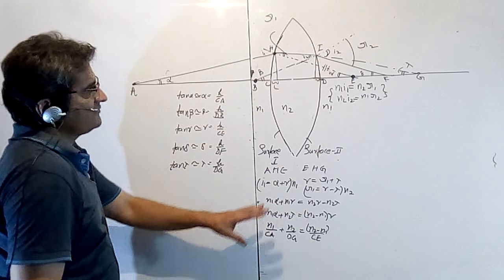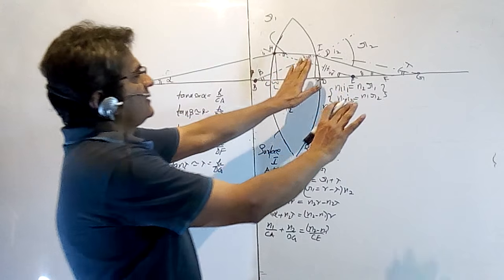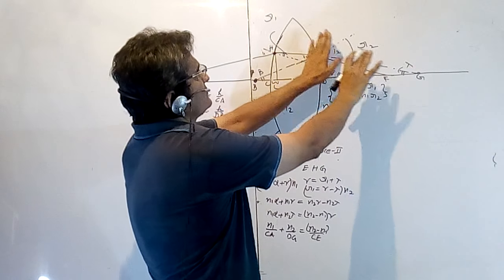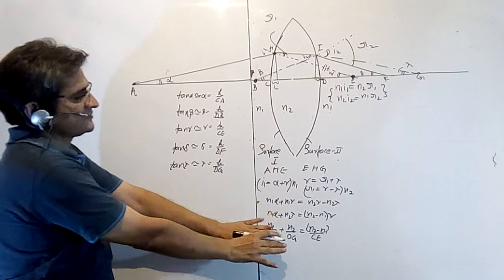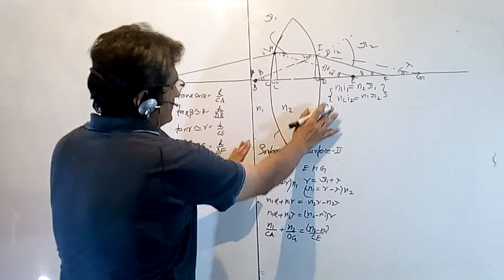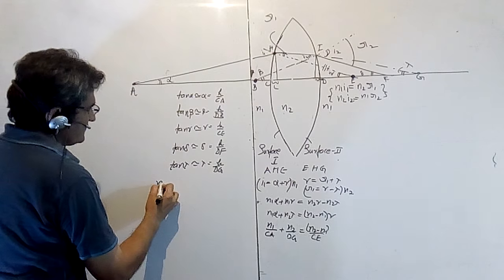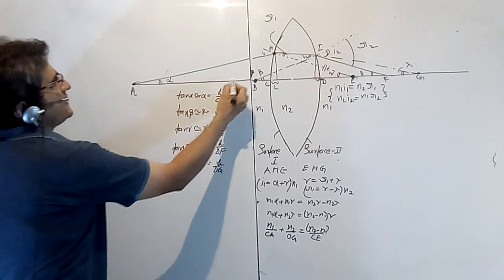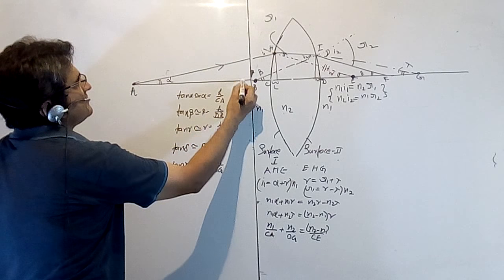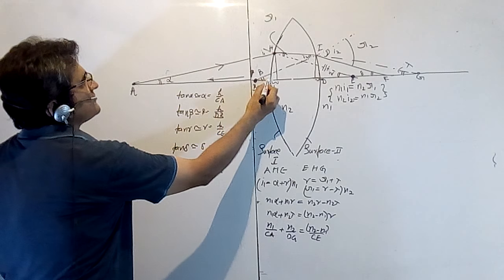Now suppose I want to stop here and I want the lens maker formula only for the first surface. Though I'm not stopping, suppose I stop here, I cover only the first surface. For the first surface, N1, the CA is my U, and I am measuring the incoming rays in this direction from this surface.